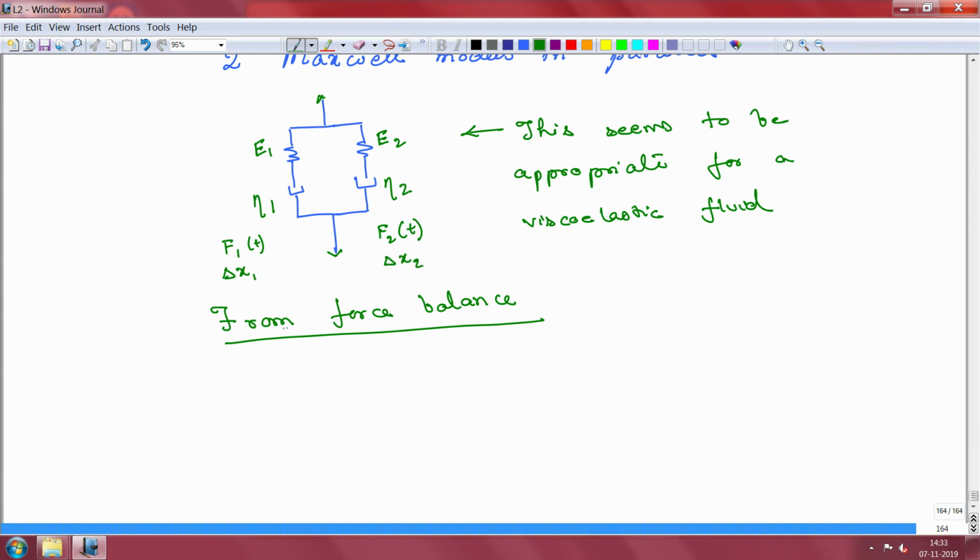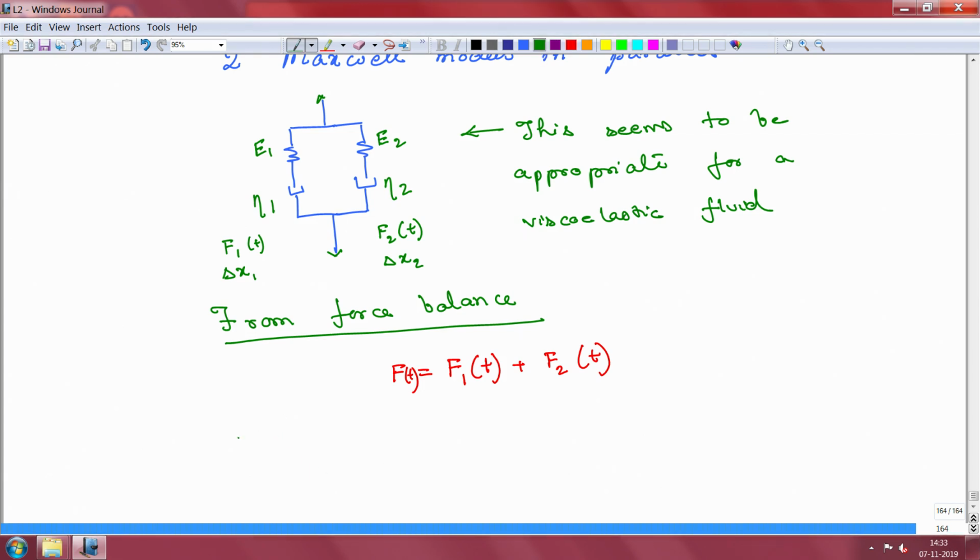There is no more need to label these subscripts in any more complicated way, because they are both Maxwell models. So, I am just using the labels x1 and x2. So, the total force here is obviously just like the previous case, going to be a sum of the two forces.